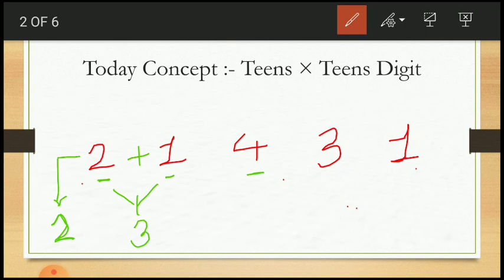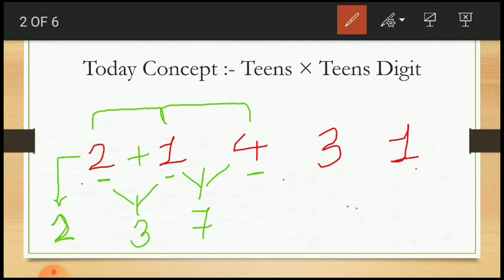Whenever you are in the third place, you simply add only 3 numbers, not more than 3. So now add 2 plus 1 plus 4, and your answer comes 7.